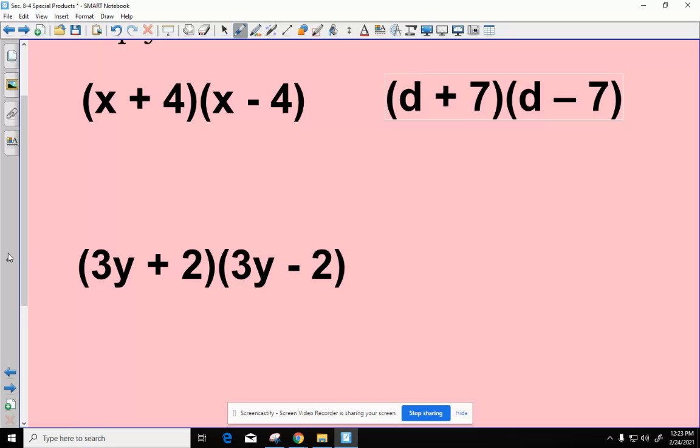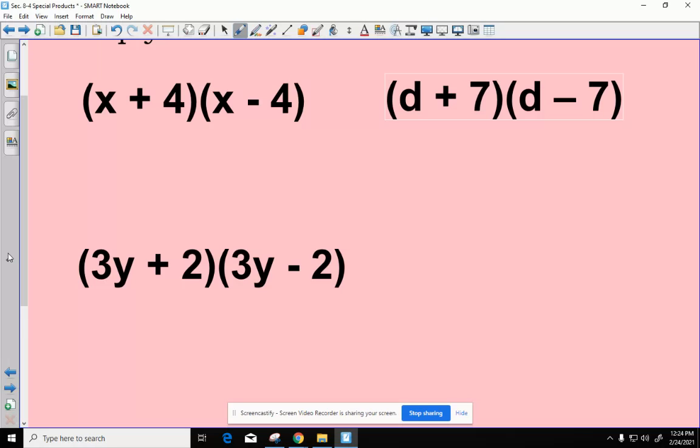Good. There's the first one. So remember, if you were to FOIL this out, there would be four terms here originally.